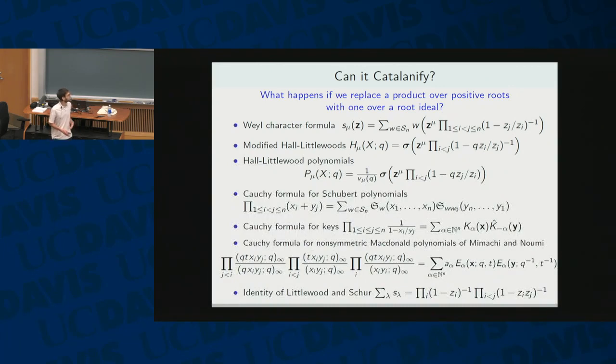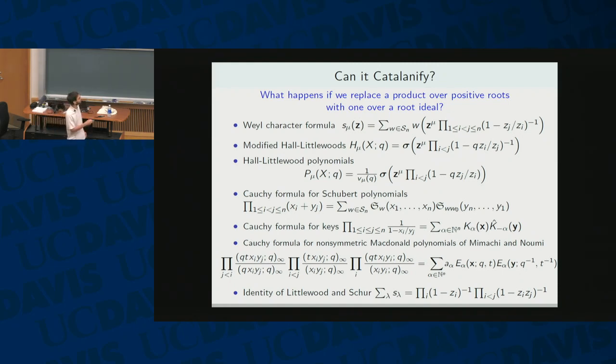Here are some examples. Some of this notation we'll define later. There are Hall-Littlewood polynomials, Cauchy formulas for Schubert polynomials, and so on. And the question is, what happens if you take this product over all positive roots and replace it with a product over a root ideal, a smaller subset, rather than the full set of positive roots? Okay, and maybe something interesting happens.